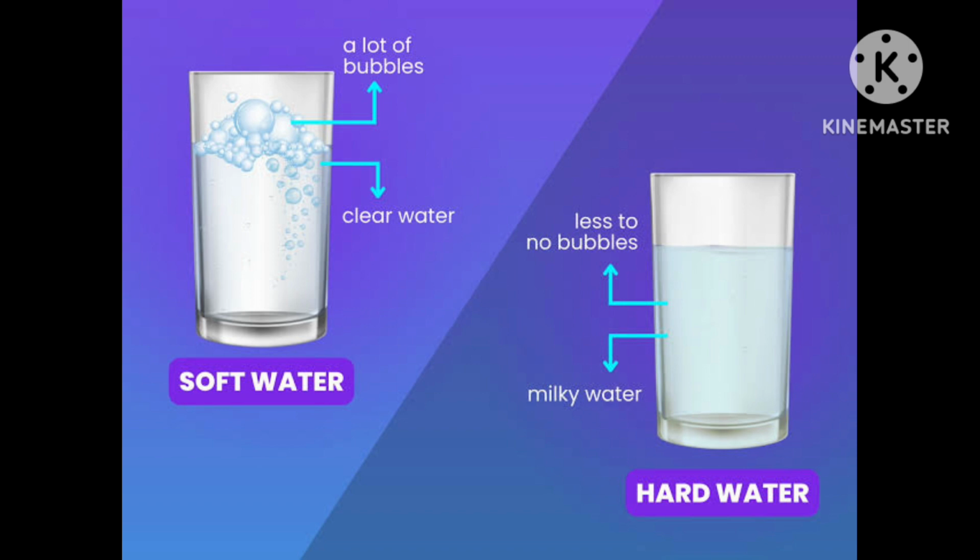How will it go? When you boil the water, bicarbonates are converted into insoluble carbonate. Suppose calcium bicarbonate or magnesium bicarbonate is there in water. If you heat it, boil it, then this bicarbonate will convert into calcium carbonate or magnesium carbonate.